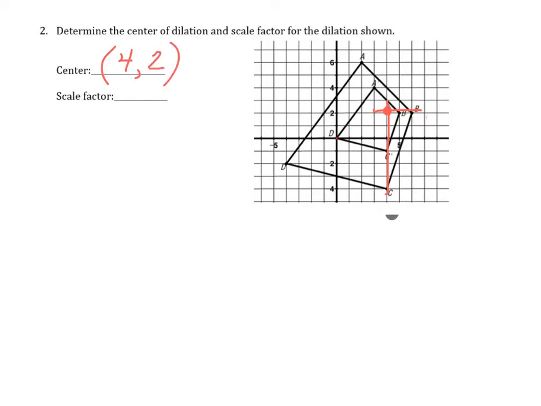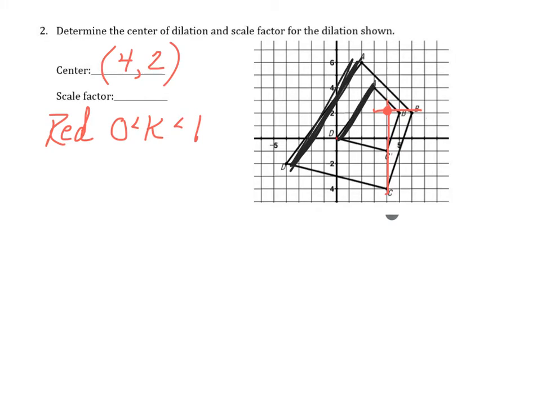In this case, it looks like the image is smaller, so it looks like it's going to be a reduction, which tells me that K is going to be somewhere in between 0 and 1. Once again, what you could do is compare some side lengths. For example, I could compare AD to A prime D prime, if you want to do that.